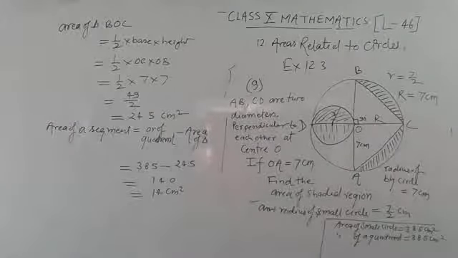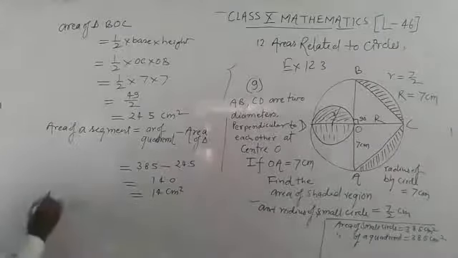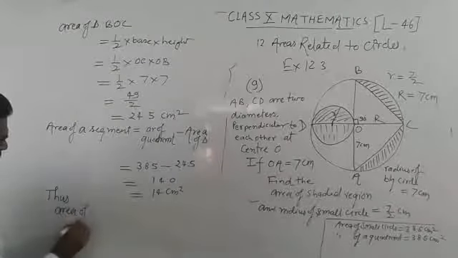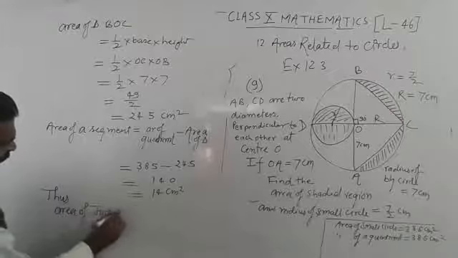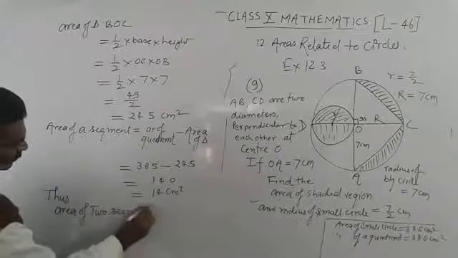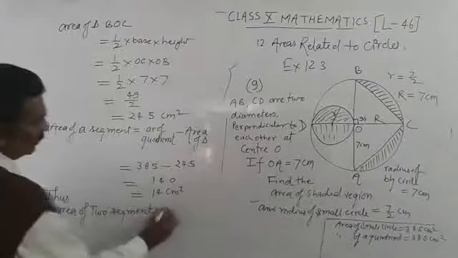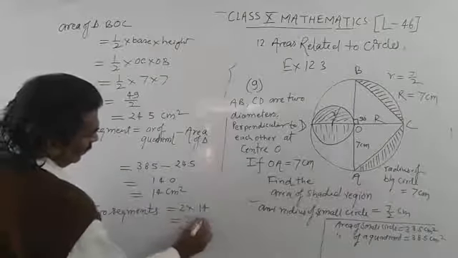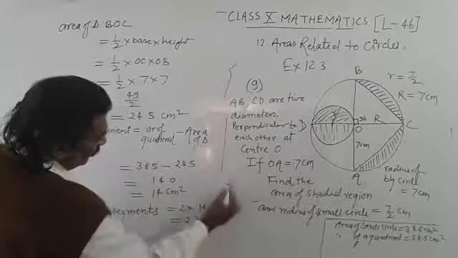Thus the area of two segments is equal to 2 multiplied by 14, that is 28 centimeter square.